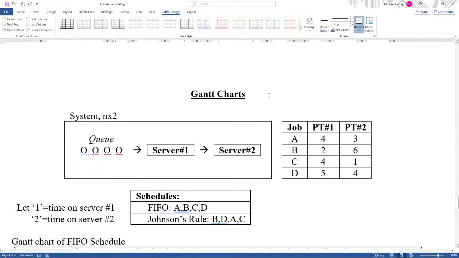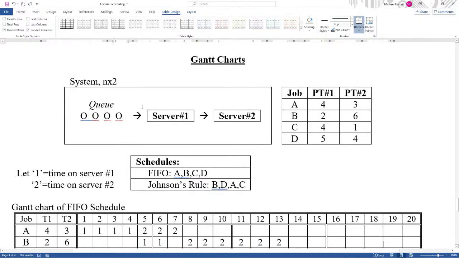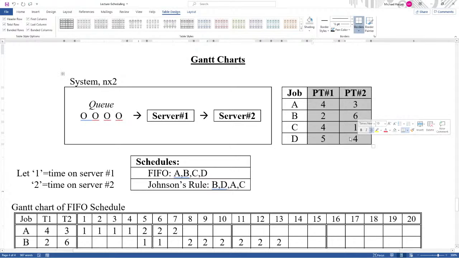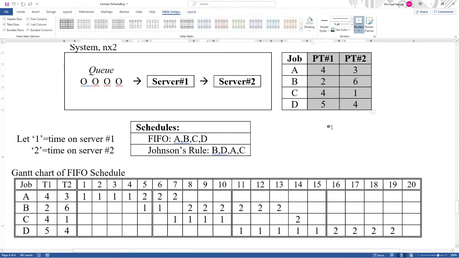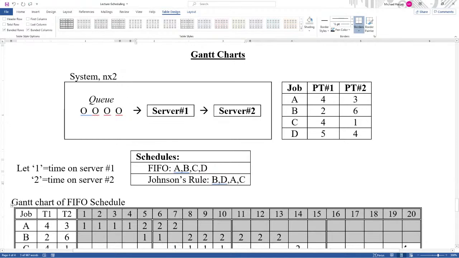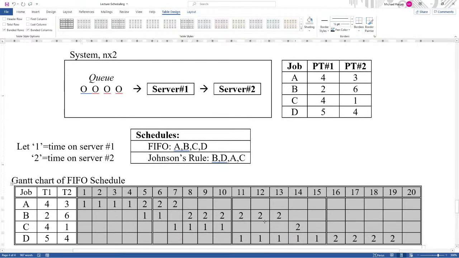Let's look at the Gantt charts. Now, let's take the n/2 system here and the 2 processing times here on the servers, and let's look at 2 schedules. First of all, the FIFO schedule, ABCD, and the Johnson's rule schedule, BDAC. Now, all a Gantt chart is, down here, is a timeline, a graphical timeline of the project.